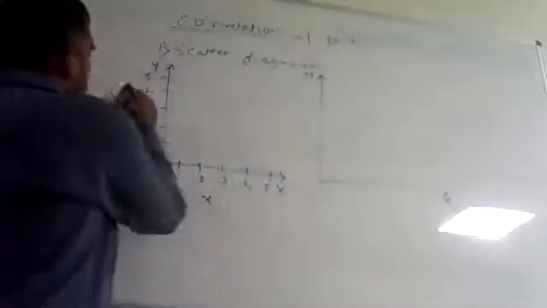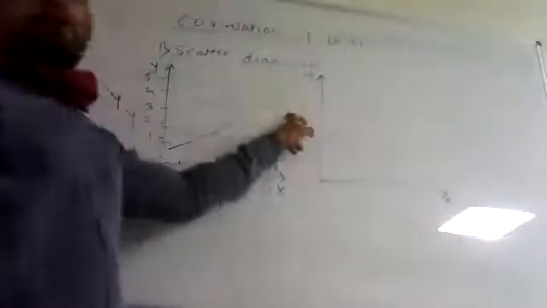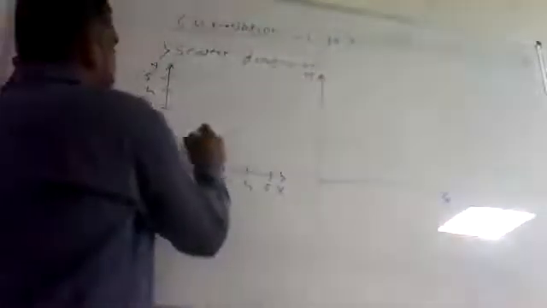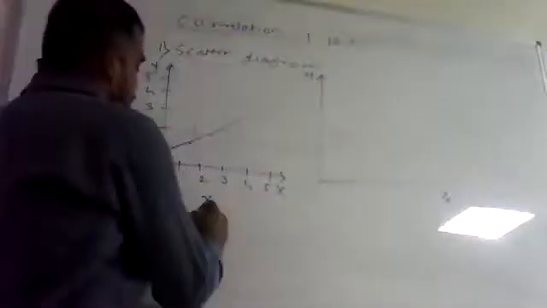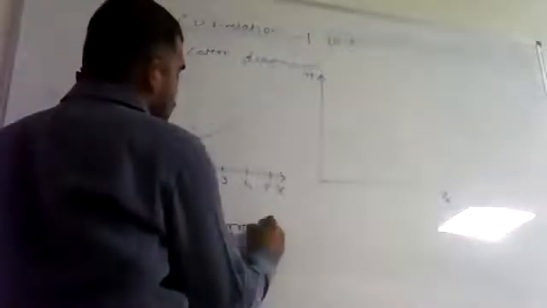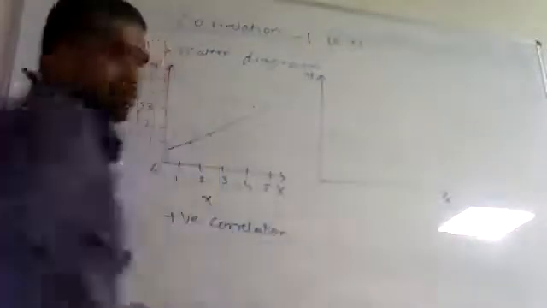Suppose after plotting the graph of x variable and y variable, we get a line starting from the lower left hand to the upper right hand, and these are the points. It is an example of positive correlation.